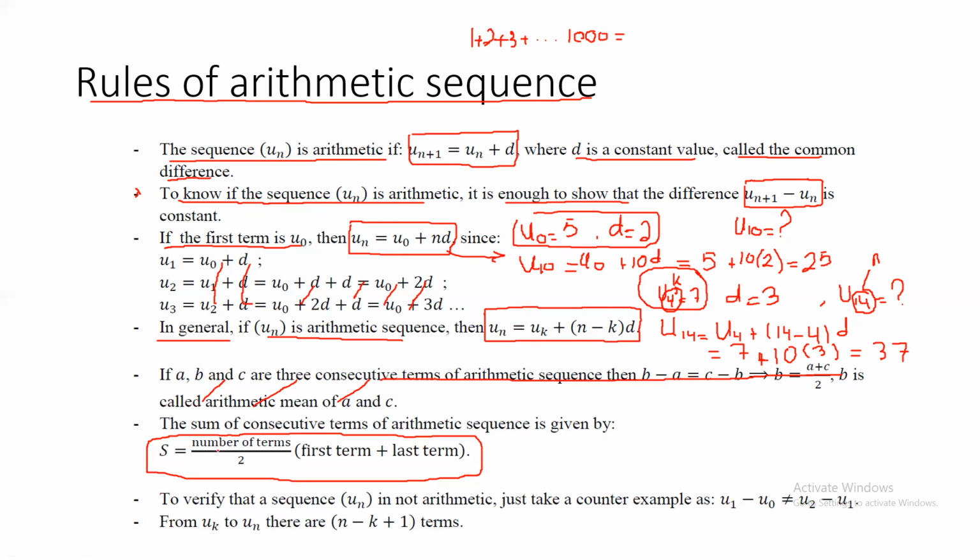According to this rule, how many terms are there from 1 to 1000? 1000. So 1000 over 2 into first term 1 plus last term 1000, which is 500 times 1001.